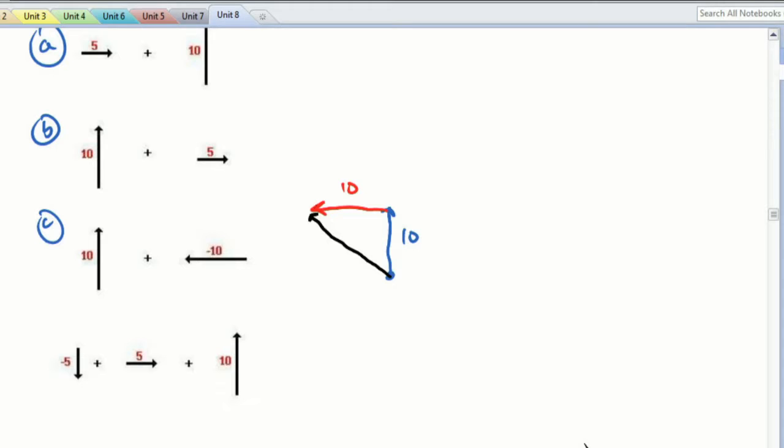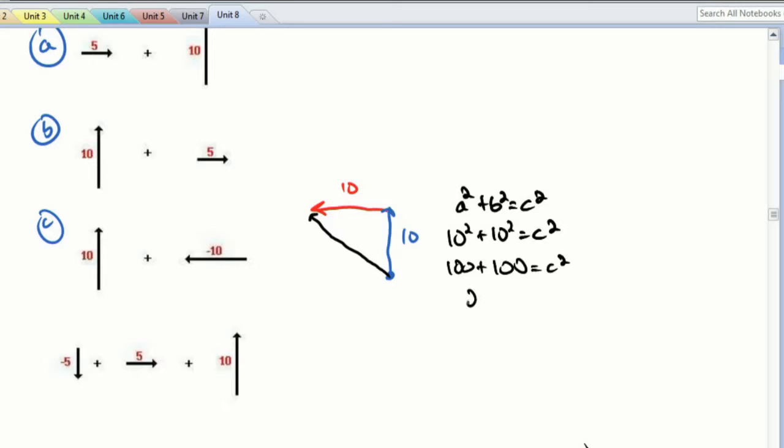Taylor got 14.2. Does anyone agree or disagree with that? I'll break out my Pythagorean theorem. So we have 10 squared, and 10 squared is 100 and 100.